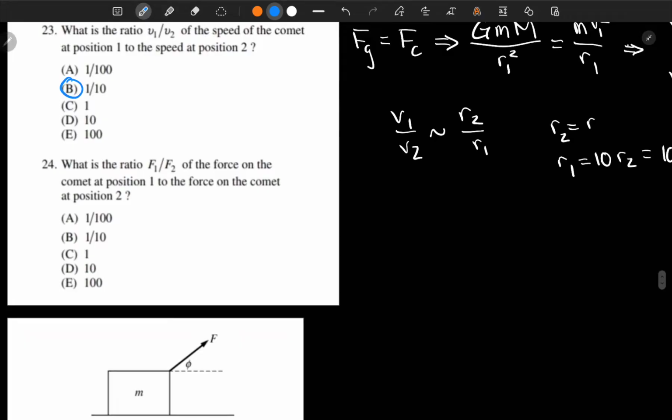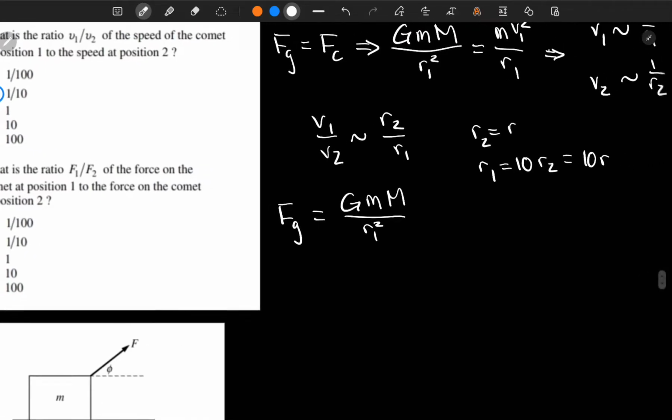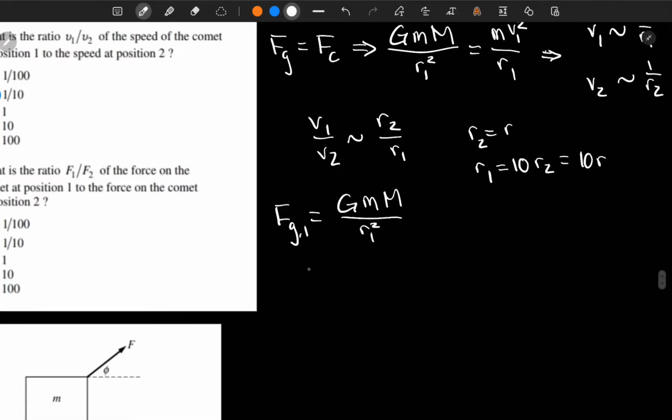Next, we wish to find the ratio F1 over F2 of the force on the comet at position 1 to the force on the comet at position 2. As we did above, the gravitational force Fg is equal to Newton's constant G times the mass of the comet times the mass of the sun divided by, let's say, r1 squared. That's for position 1. And similarly, Fg2 is equal to GMm over r2 squared.